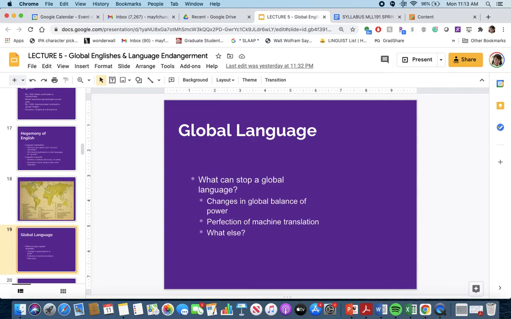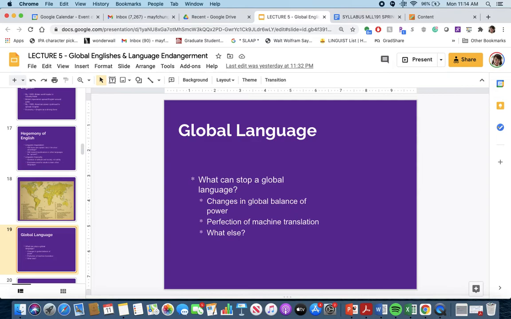I would argue, though, that this is probably not perfect, because even if Google Translate were to become perfect, you would probably still need translators. You'll still need people who are experts, pragmatically. We talked about pragmatics in the first lecture: what you say isn't necessarily what you mean.